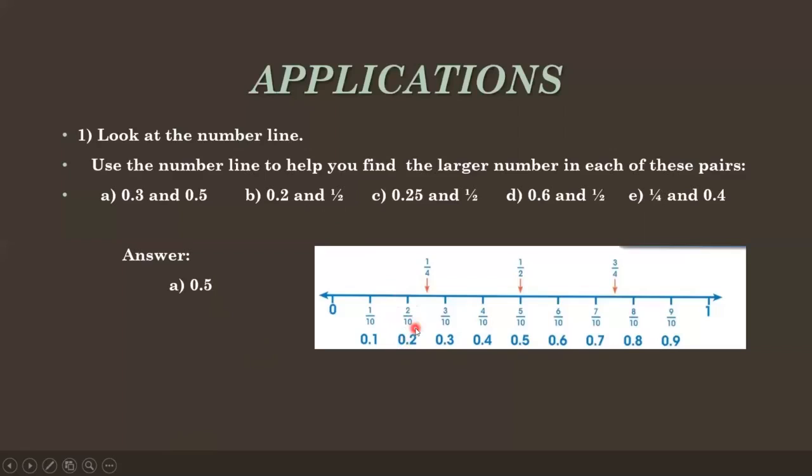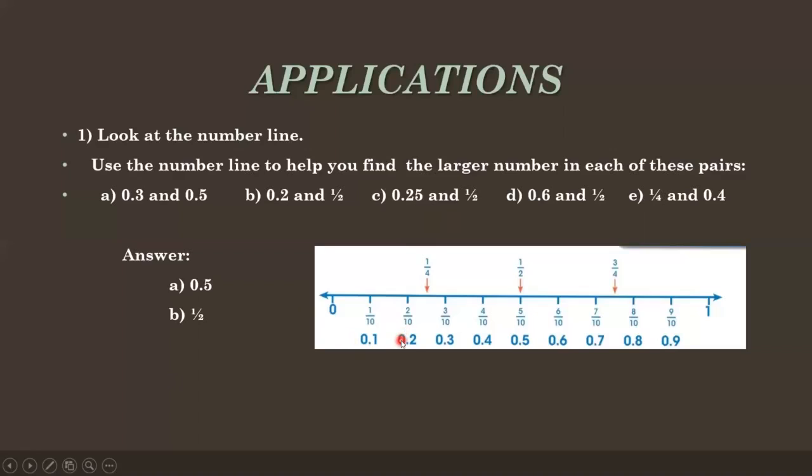That is, 2/10 is 0.2. Now 1/2 is over here, 5/10, which is the same as 1/2 or 0.5. So 0.2 is here and 1/2 is here. So which one is larger? That is 1/2.